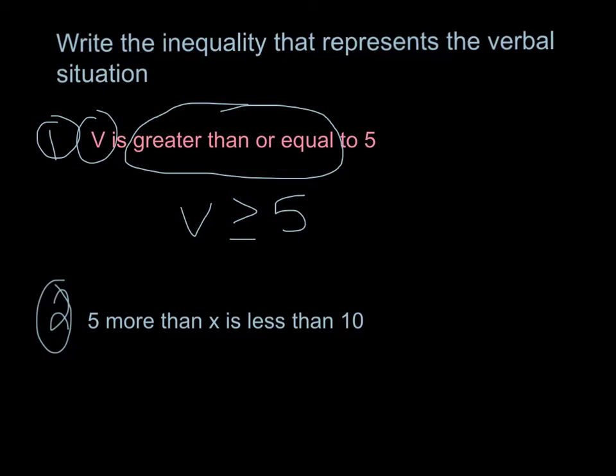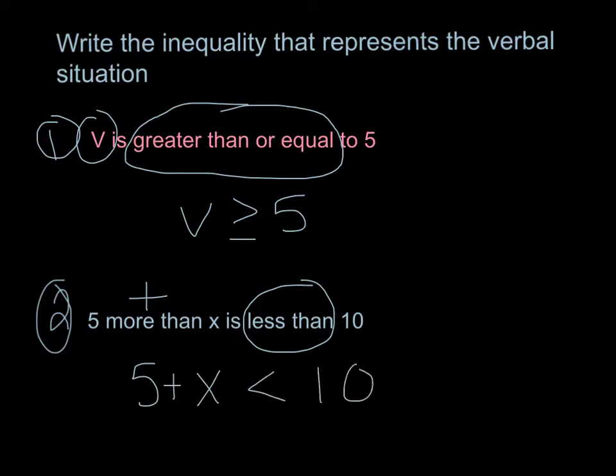Next one here, we have 5 more than X is less than 10. A lot of you are going to think more than here is an inequality symbol. Well, if you remember back from the beginning of the year, more than just means to add. Less than is where our inequality symbol is. So 5 more than X, so 5 plus X is less than 10.